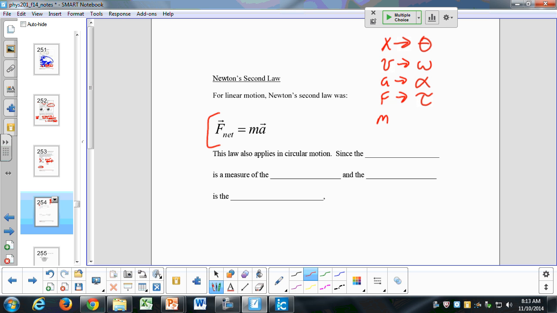And whereas before we had mass, what do we have now? What's the variable that we use? You're right, the moment of inertia, I. So mass was a measure of inertia, and I is a measure of the moment of inertia. So these are our linear quantities on the left and our rotational quantities on the right.